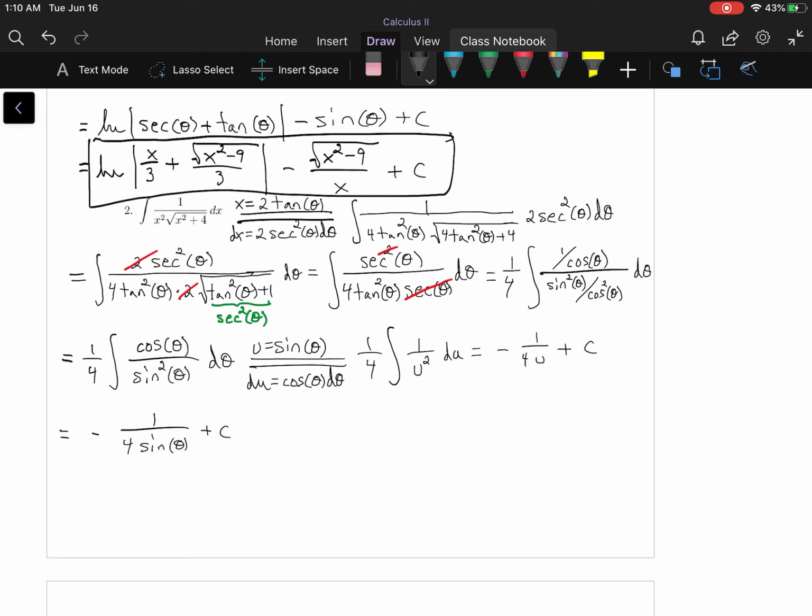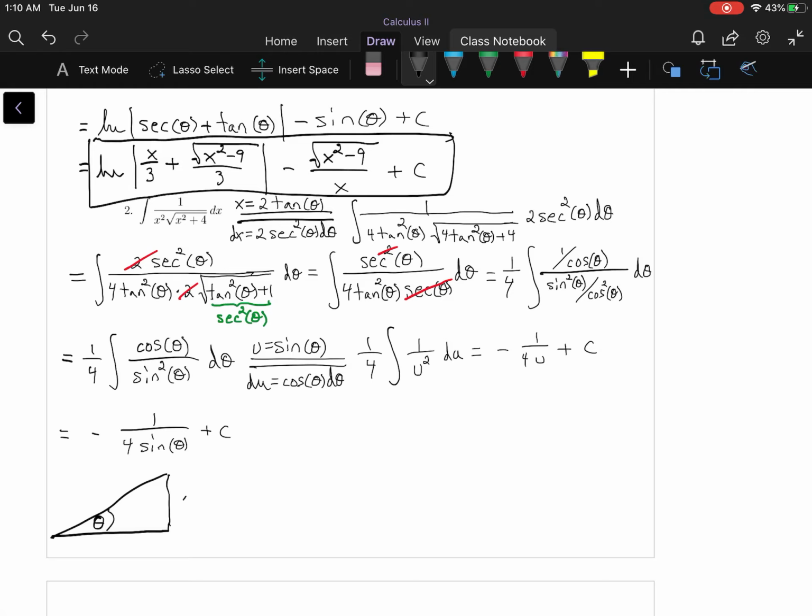So I'm going to, again, make a triangle. Here's my theta. Our x was 2 tan theta, which means tangent is x over 2. Tangent is opposite over adjacent.